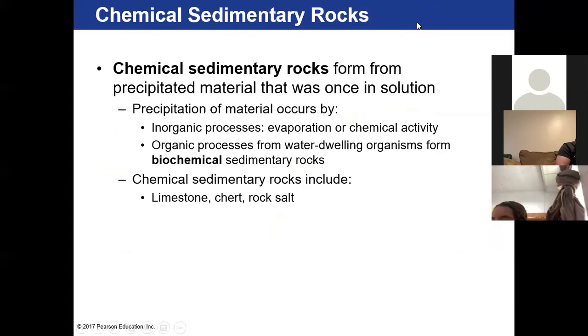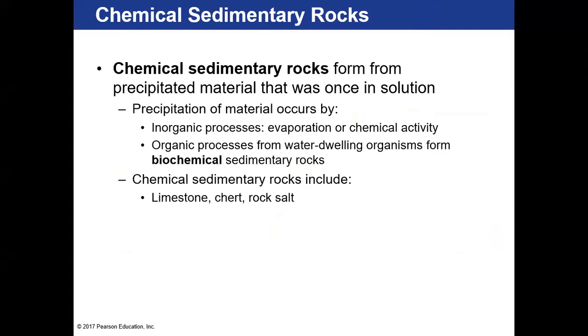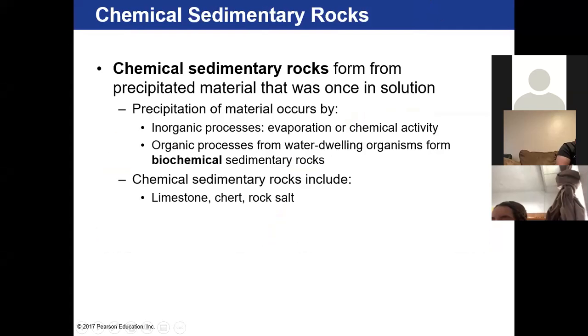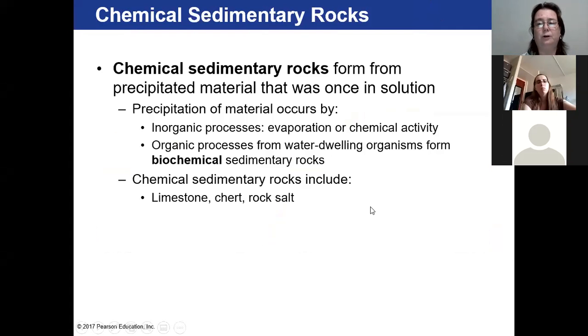All right. Chemical sedimentary rocks form from a material that has been dissolved in water and then gets precipitated out when the water evaporates enough, and the water will be supersaturated with whatever that material is, and then it will precipitate out.